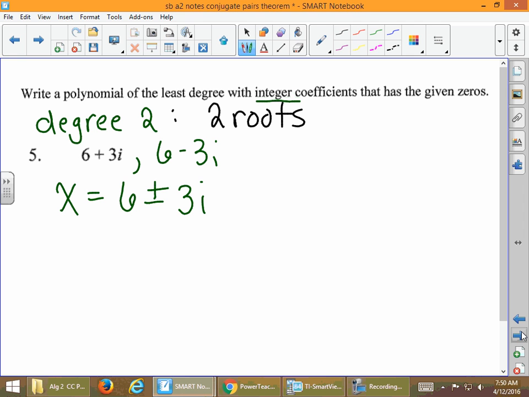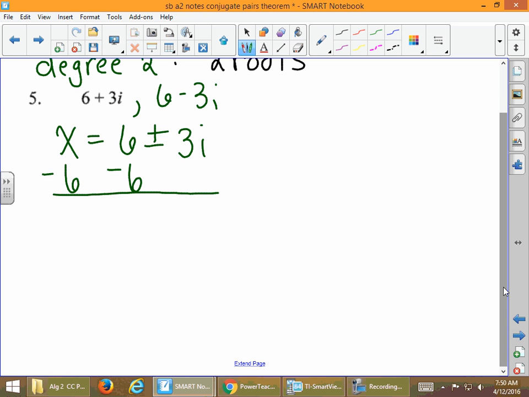Well, what we're going to do is isolate the i. We need to deal with the plus or minus part of this problem. So we're going to subtract 6 from both sides. We end up with x minus 6 equals plus or minus 3i.